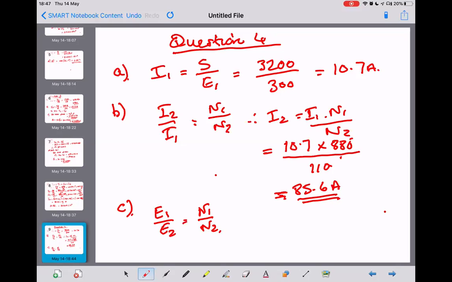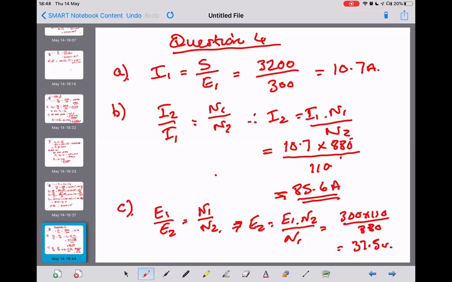So I've rearranged that to be E2 is equal to E1 times N2 over N1, which is 300 times 110 over 880, and that gives me 37.5 volts.